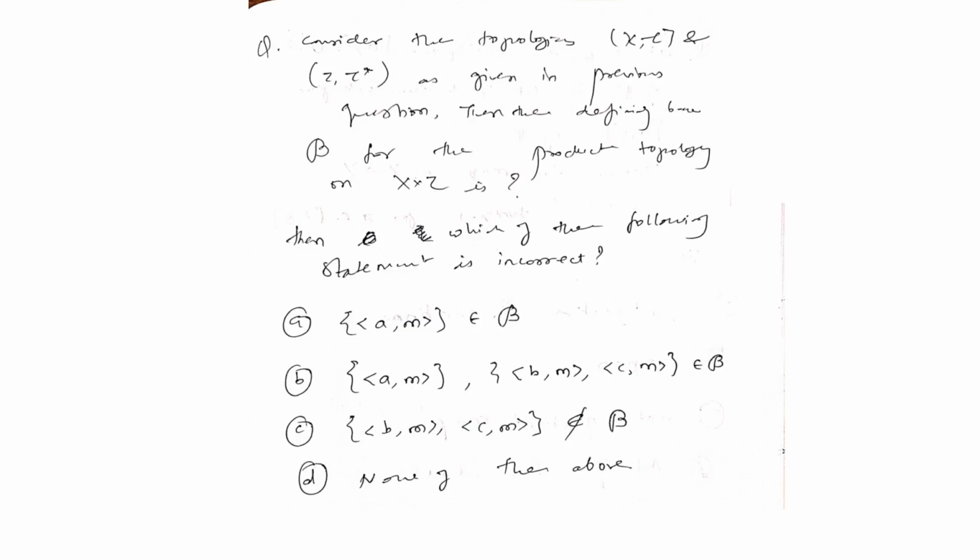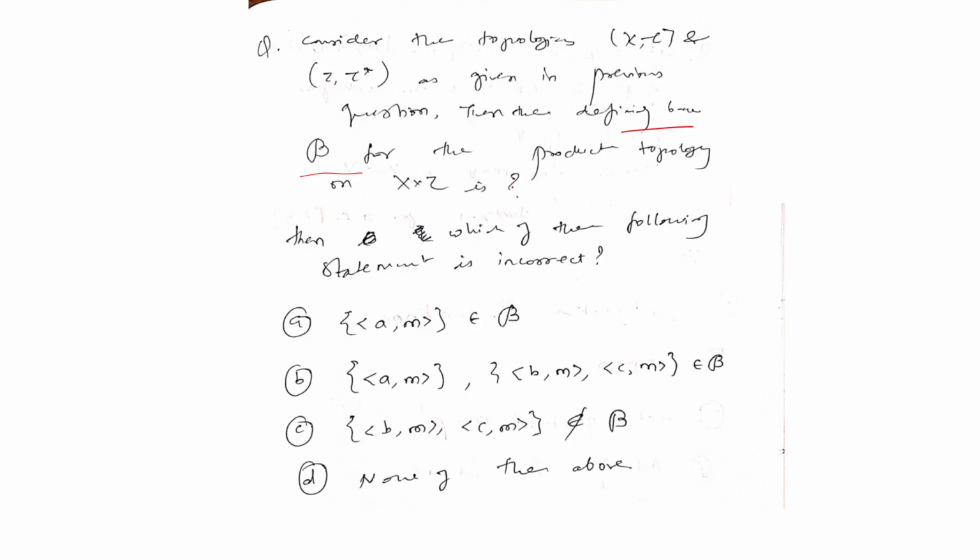So the next question is, consider the topology X comma tau and Z comma tau star as given in the previous question. So just consider the previous question's topologies and sets. Then the defining base B for the product topology on X cross Z is. So now you have to find the defining base B for the product topology on X cross Z. And then the question is which of the following statements is correct.